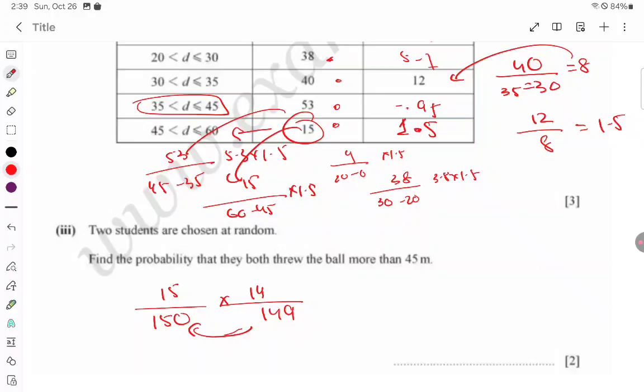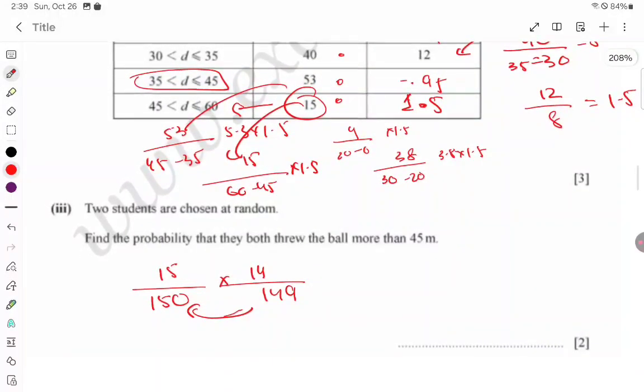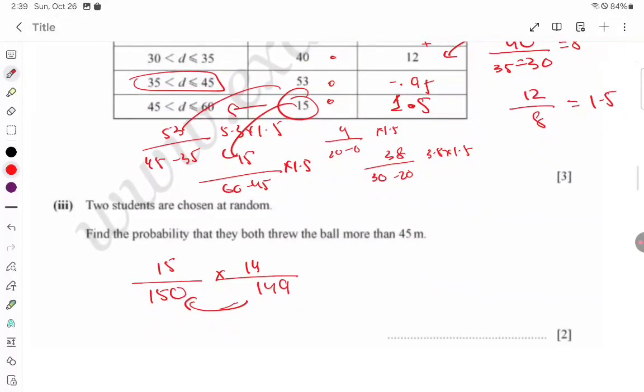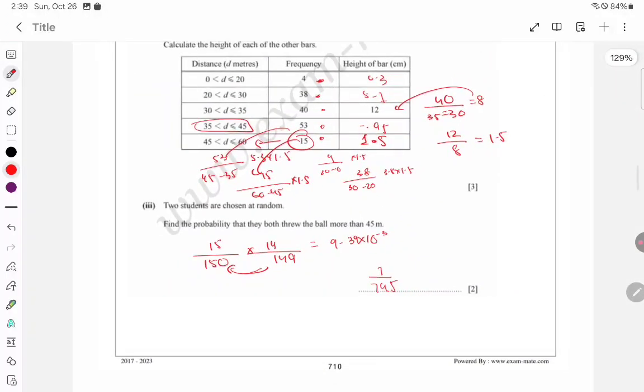Since both are in more than 45, we will consider first 15 and the second is 14, and then we get our answer 9.39 exponent minus 3, or we can say simply 7 over 745. This is our answer for part 3.